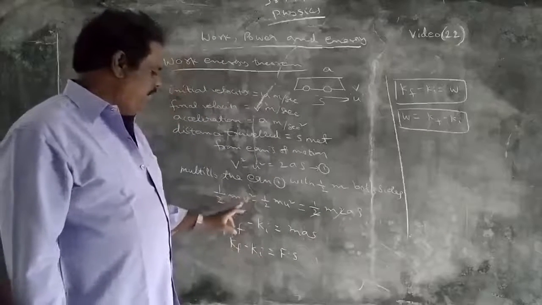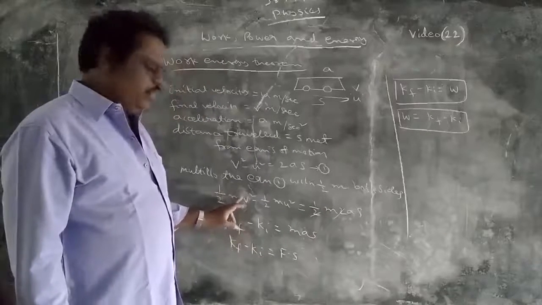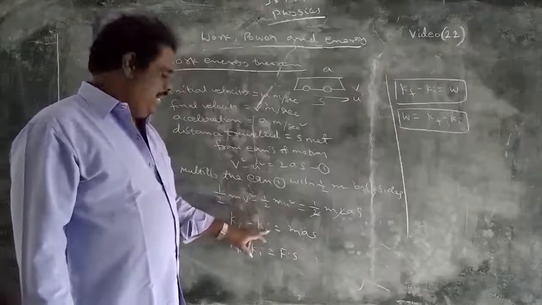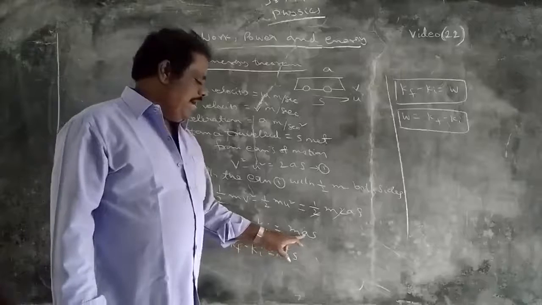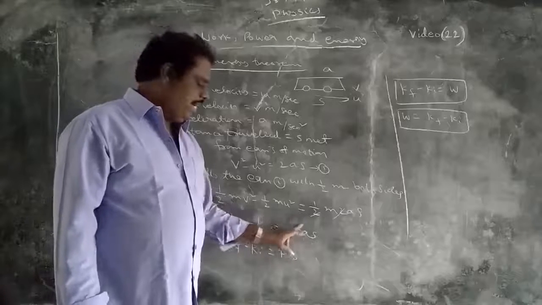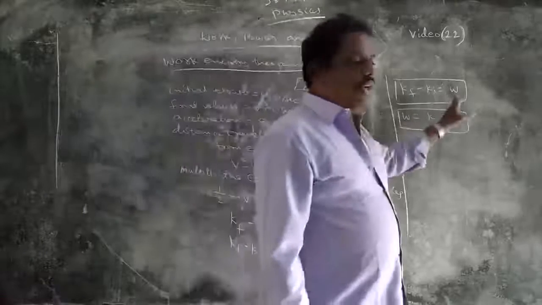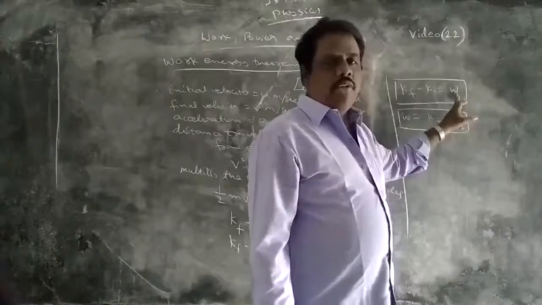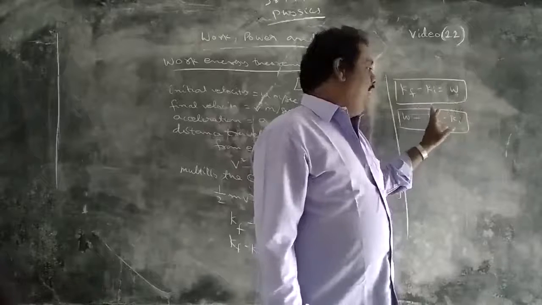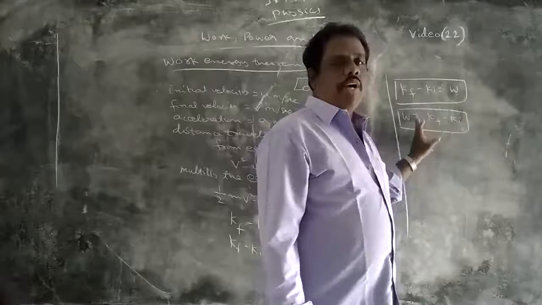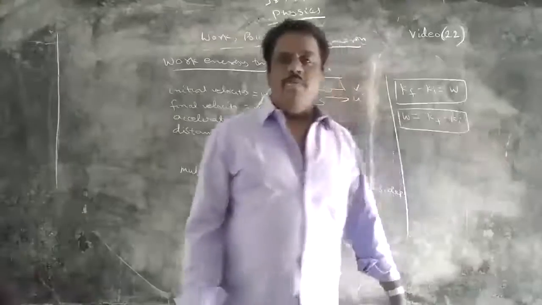Half m v square, v being the final velocity, is the final kinetic energy. u is the initial velocity, so half m u square is the initial kinetic energy. m a, according to Newton's second law, is equal to F, so F dot s is equal to W, the work done. From this we can say that the change in kinetic energy is equal to the amount of work done by the net force.